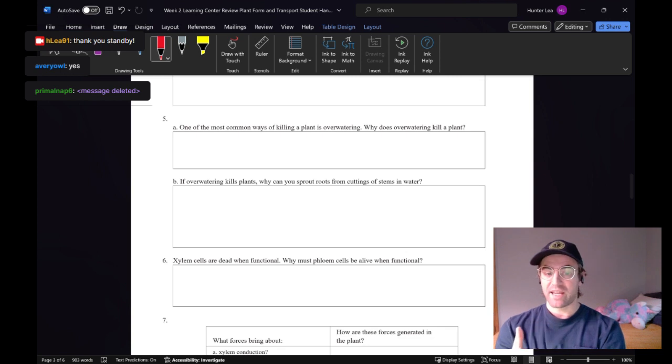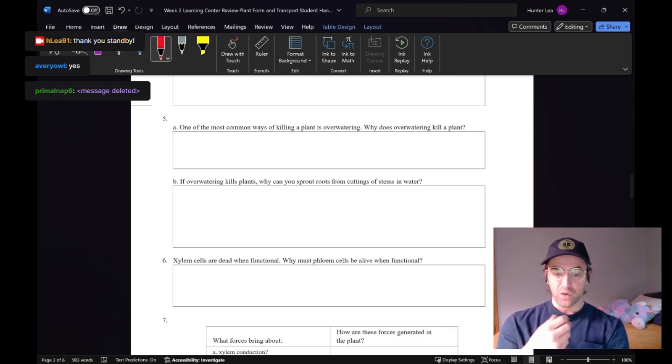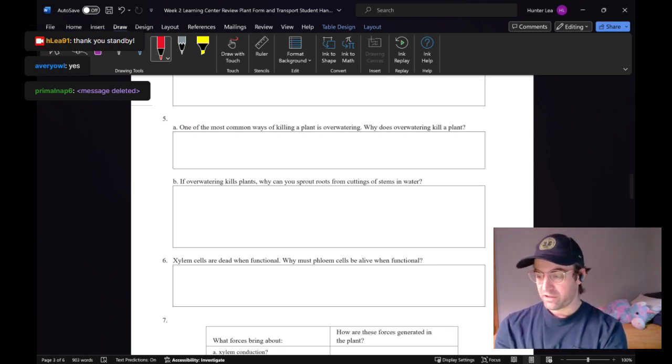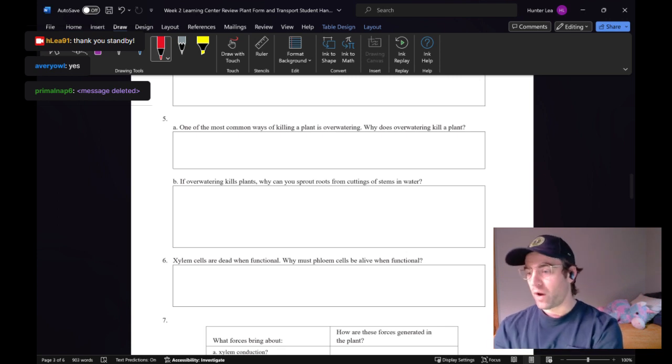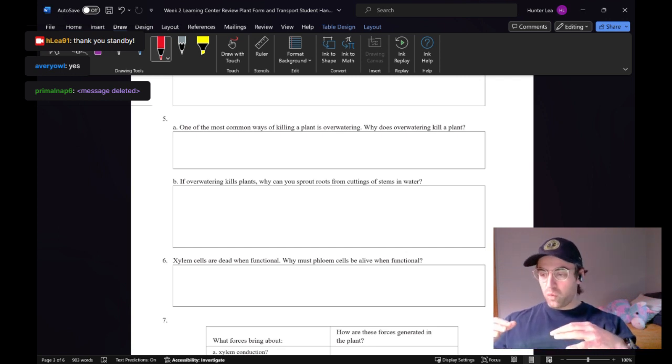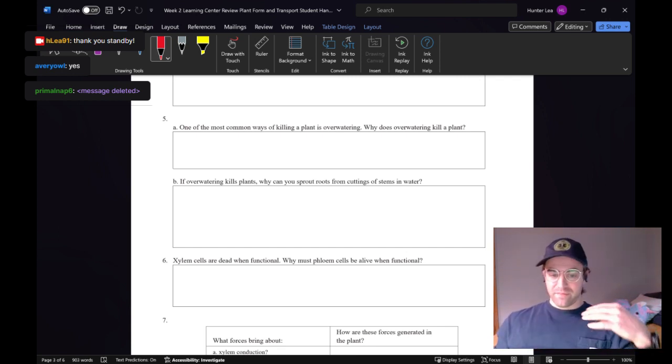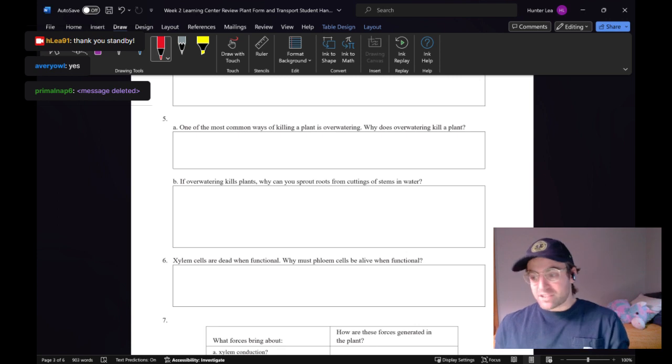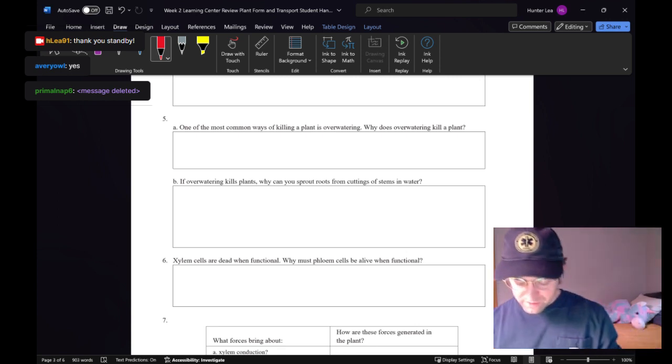Roots, like any other living structure in a plant, require oxygen for cellular respiration in addition to that water. If you overwater a plant, you're filling all of the air spaces in the soil with water. The root tissue cannot survive without oxygen.